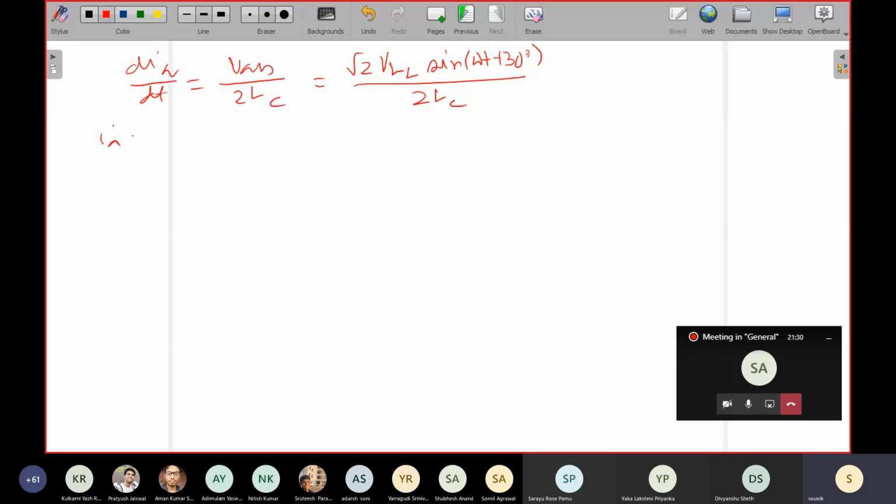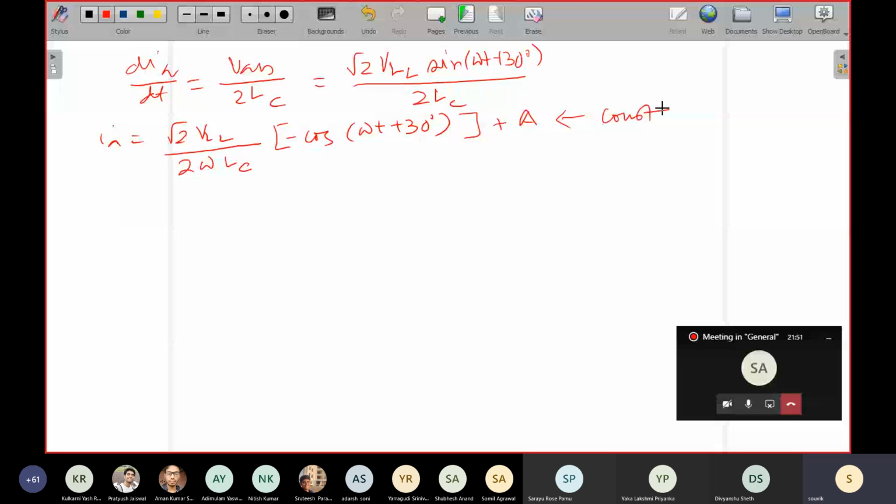So IA is equal to root 2 VLL by 2 omega LC into minus cos of omega t plus 30 degrees, plus an integrating constant A, just to match our initial condition.